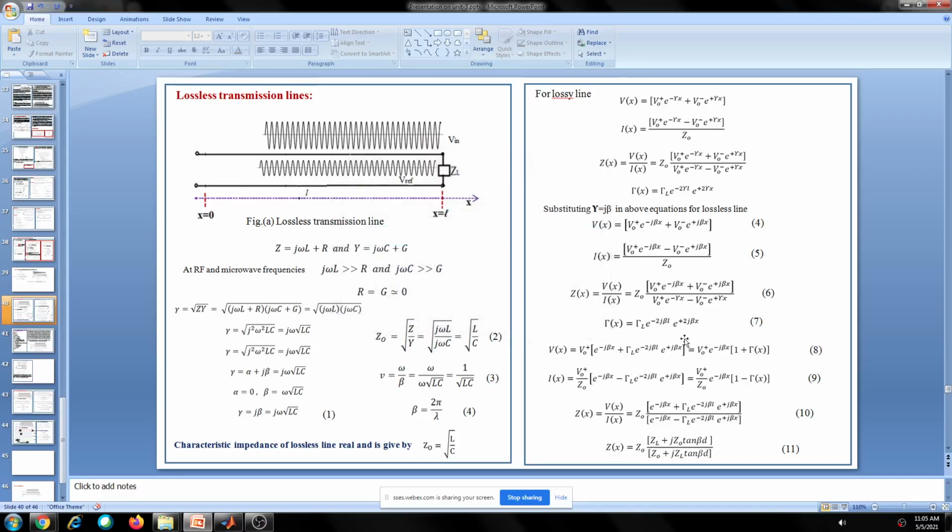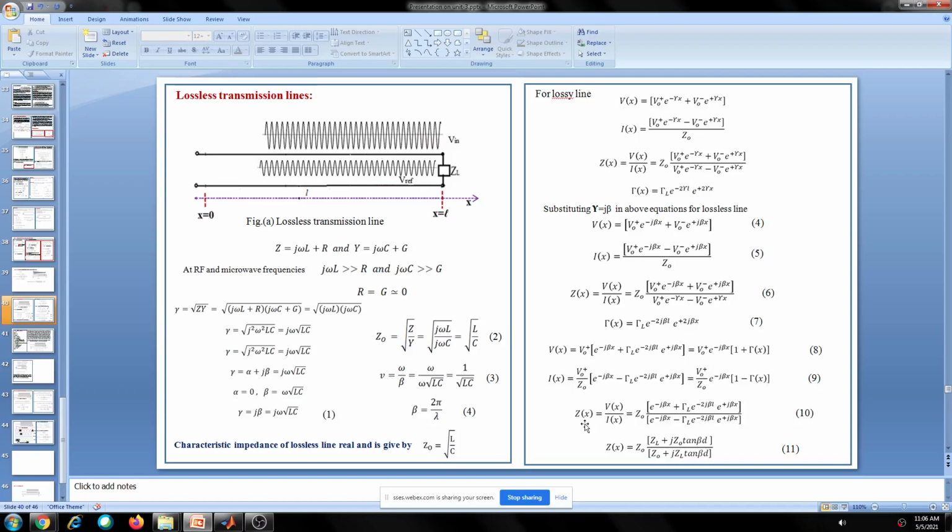So this whole term is equal to gamma of x. This is the reflection coefficient at any point over a transmission line. So we can write the voltage and current equations in terms of the reflection coefficient like this, equations 8 and 9, just rearranging.